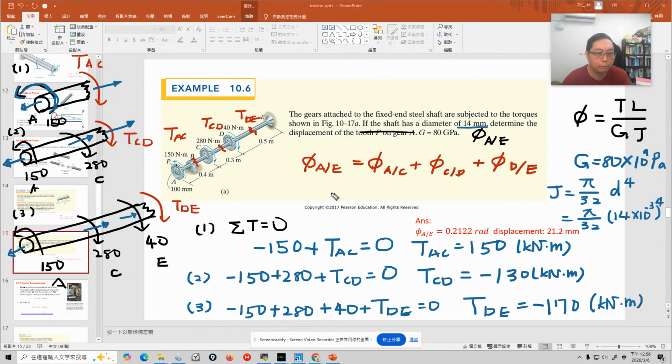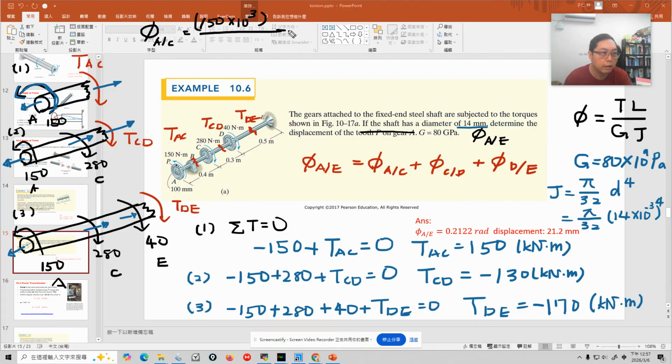So let's put everything together and write the final expression. Phi AC equal to what? TAC is 150, and don't forget that we have a kilo here, so it's 10 to the power 3.